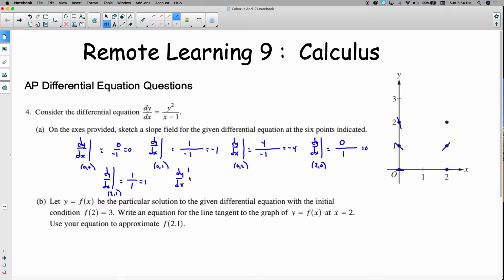So dy/dx over here at this last one is 2, 2. All right, so we know that's a 1. Oh, yeah, there it is, 4. Okay, so then that steepness is positive 4. All right, so then that is the answer to part A. They just want you to make little marks as if you're drawing a slope field for the points that are given.